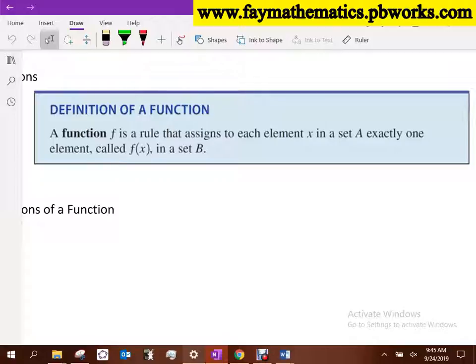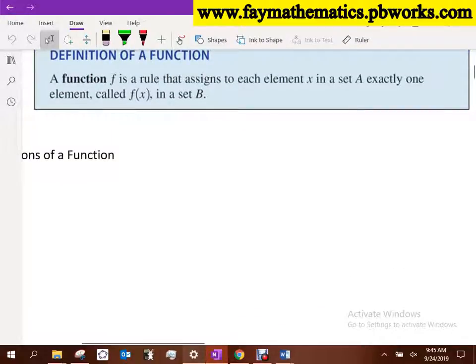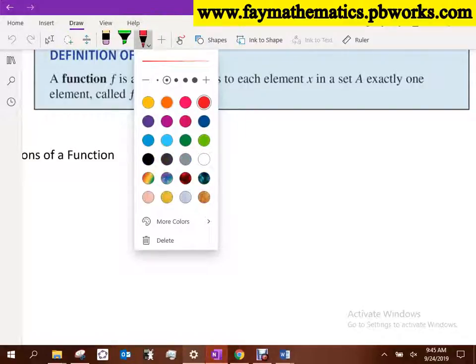But it takes every element in set A and pairs it with exactly one element, which we call f of x, which we read as the function evaluated at x, or maybe you guys remember y from Algebra 2, in a set B. So set B is usually your y values, or your vertical axis. So that's the definition, okay? And you've got several different ways that we can model that.